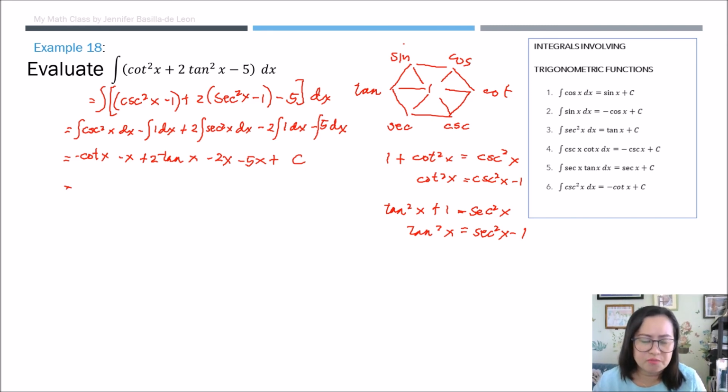Then, combining similar terms, we shall have negative cotangent x plus 2 times tangent x. Combining negative x, negative 2x, negative 5x, we shall have negative 8x plus c. So therefore, the antiderivative of the given function is negative cotangent x plus 2 times tangent x minus 8x plus c.